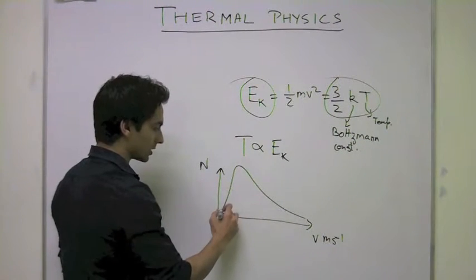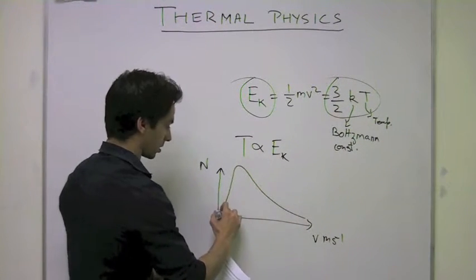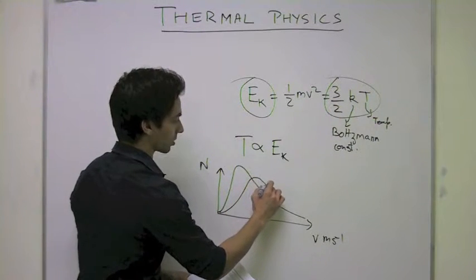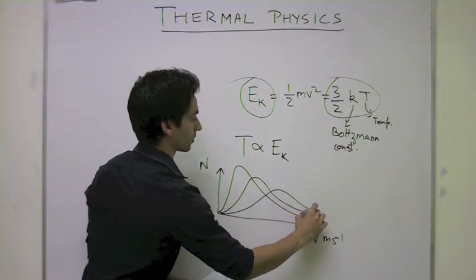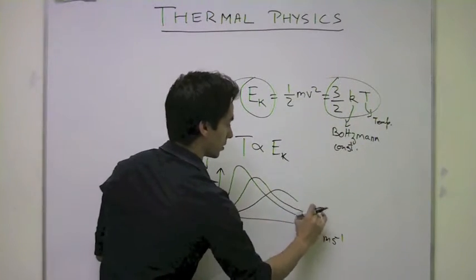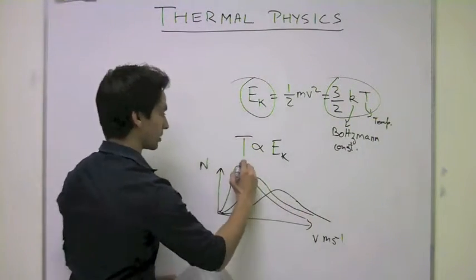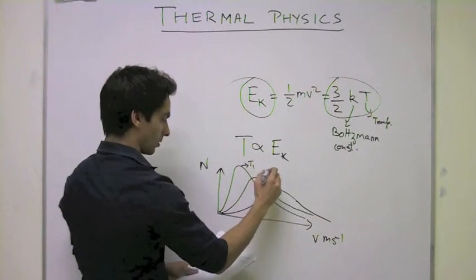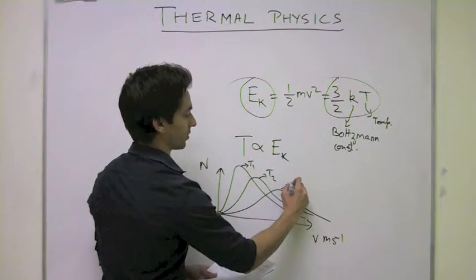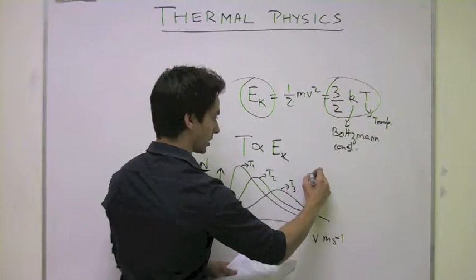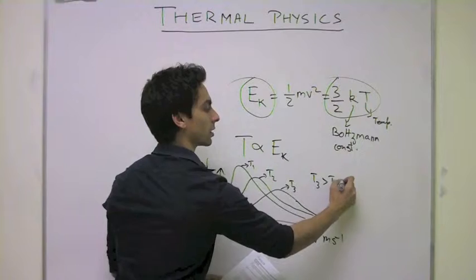As you increase the temperature, the curve gets shorter and it gets more symmetric. This is for temperature T1, which is less than T2, which is less than T3. So T3 is greater than T2, greater than T1.